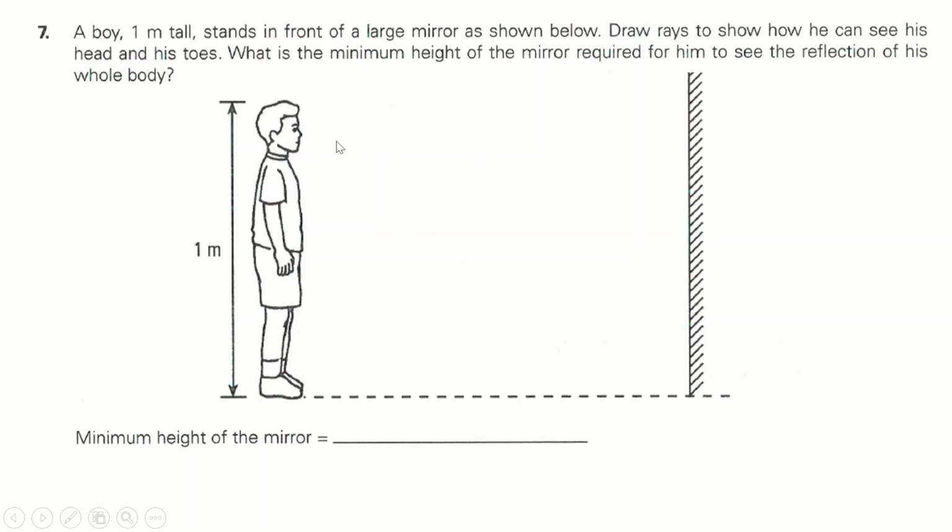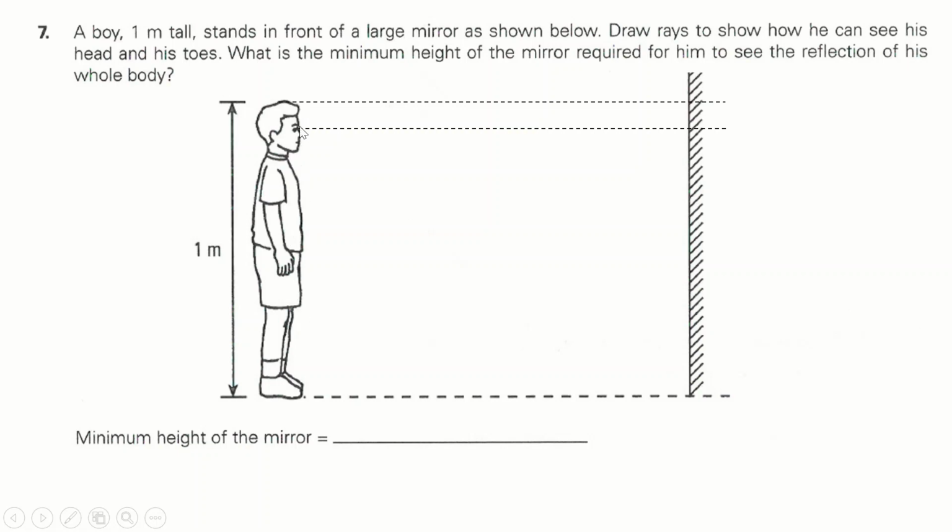So the first step here is we need to draw a horizontal line all along the way from his head to the mirror. And then we draw the next horizontal line from his eye to the mirror. In other words, we are dividing the light rays into two main sections. One is above his eyes and one is below his eyes.